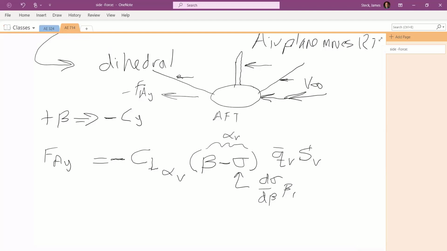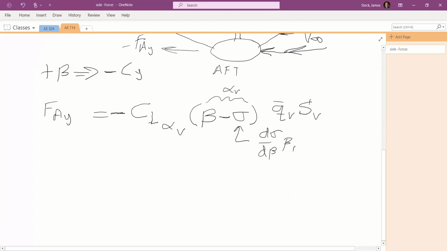And as always, we want to turn this into a coefficient. Here we're just looking at the vertical tail effect due to beta. So we really ought to subscript beta, but that gets kind of crazy. So this is the vertical tail effect.